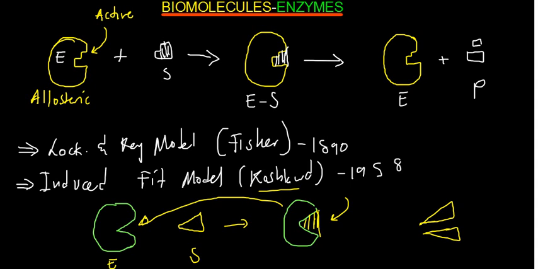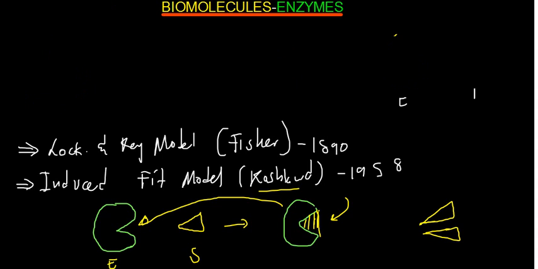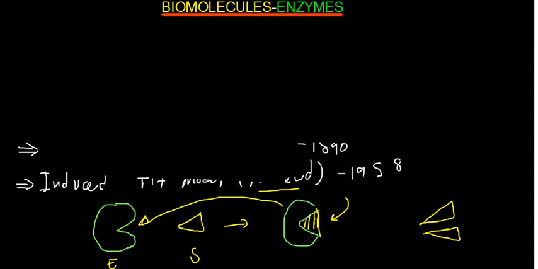Now, when we are talking about enzymes, another important concept that we need to understand is the concept of cofactors. Now, really, what are cofactors? Well, cofactors are basically non-protein substances.